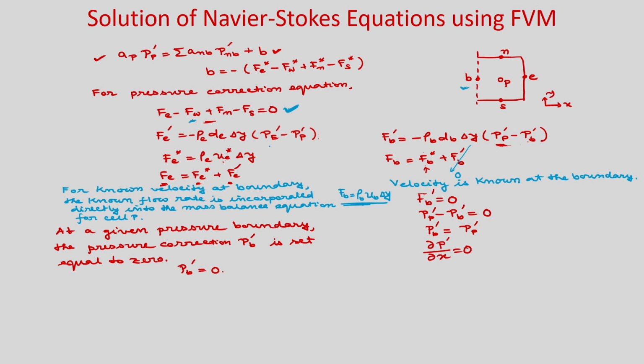Those are interior points. And if the pressure is specified, then P is P star plus P prime, so P B is P B star plus P P prime. If pressure is specified, then P B is known, so you do not need any pressure correction.